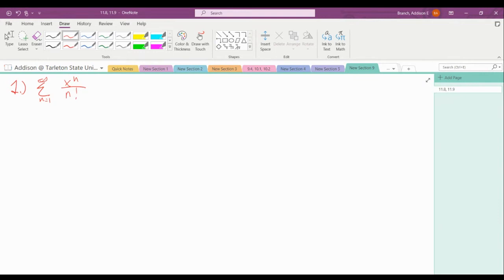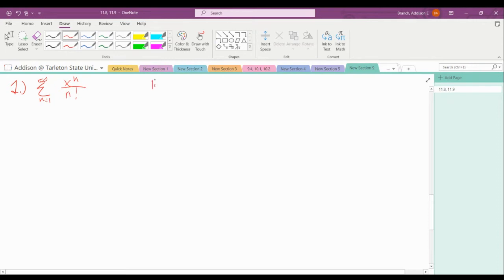We start with the ratio test because, number one, it gives us an absolute value, so it's easy to compare, and also it gives us a definitive line of this is convergent and this is not convergent.